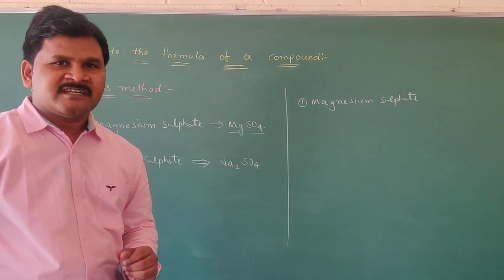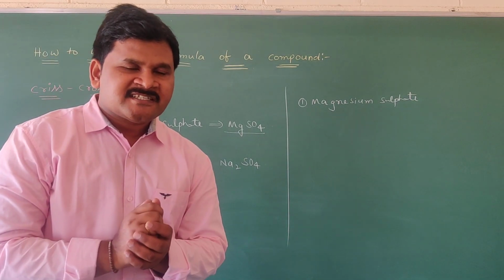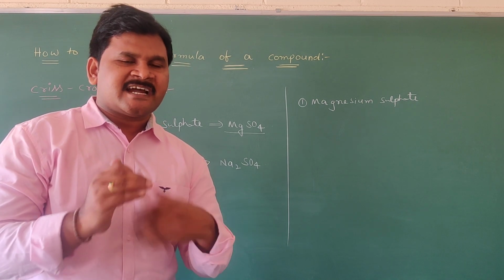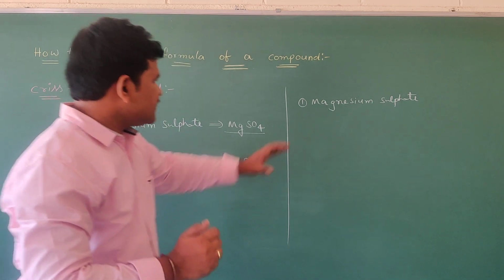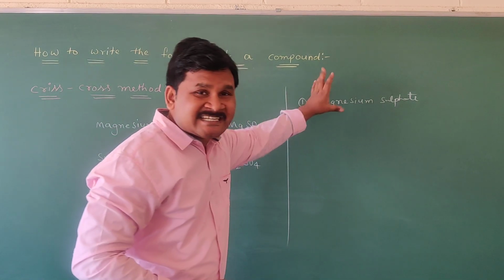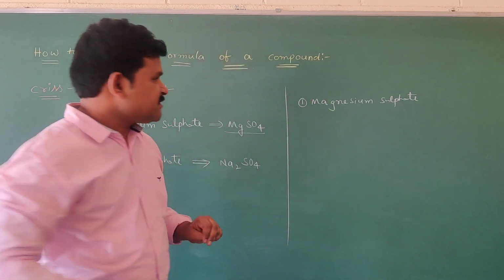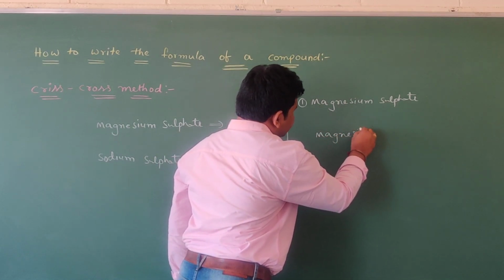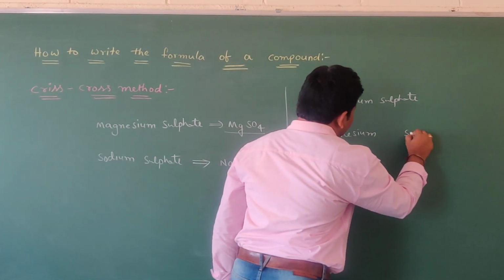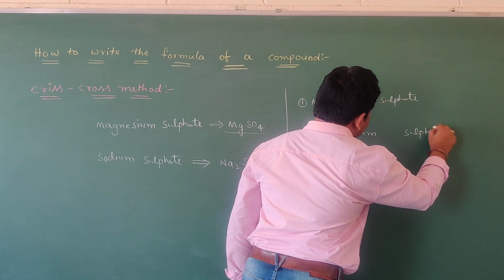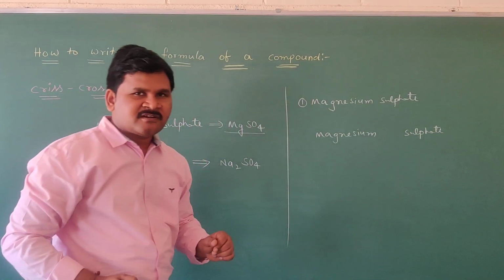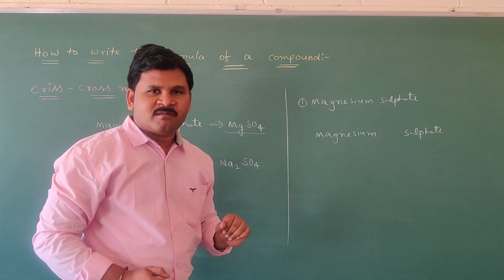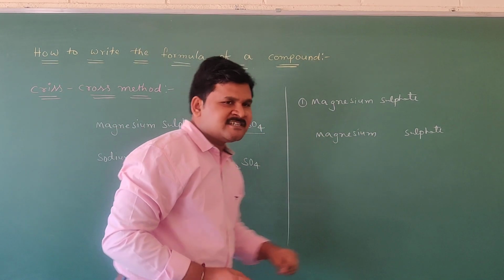In magnesium sulfate, which ions, cation and anion, are present? By seeing its name, we have two names: one is magnesium and another one is sulfate. This is step one: separate the given ions present in a compound.